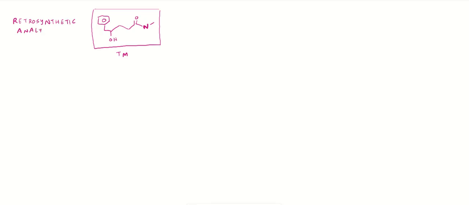Retrosynthetic analysis. First of all, the first step is that we will write down the C-N amide disconnection. From here onwards I'll write this group as Ph.